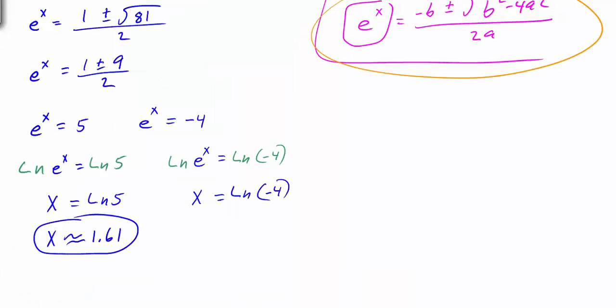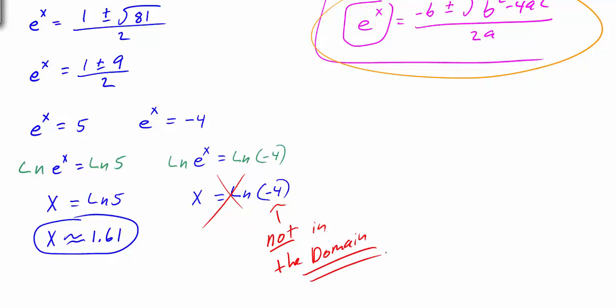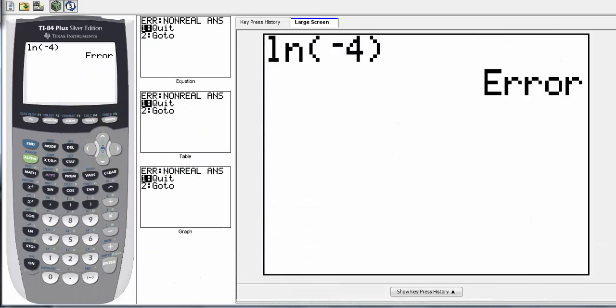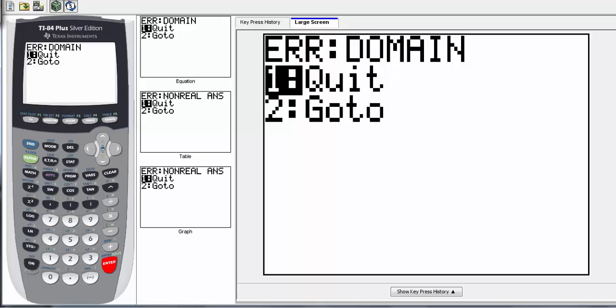So if we go back here, this is not going to be an answer for us because the negative 4 is not in the domain. And if you remember when we talked about the domain and range here of your logarithmic functions, we said that you cannot take the log of 0 or a negative number, because even if we try to take the natural log of 0, we still get an error.